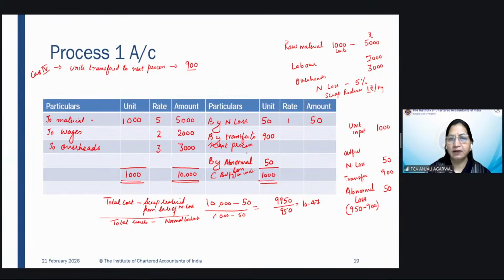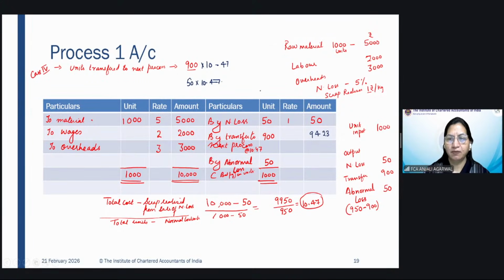So 900 into 10.47. Now when you multiply by 900 units, this rate, 900 into 10.47. And this rate when multiplied by abnormal loss units. So this comes out to be 9423.